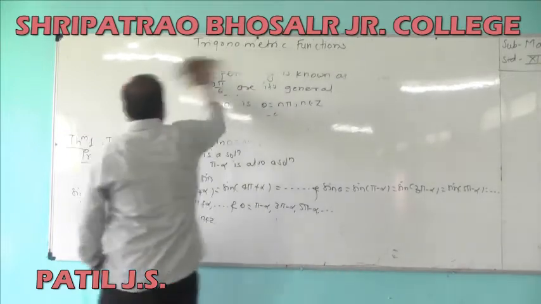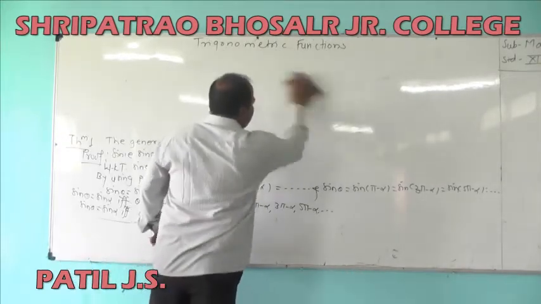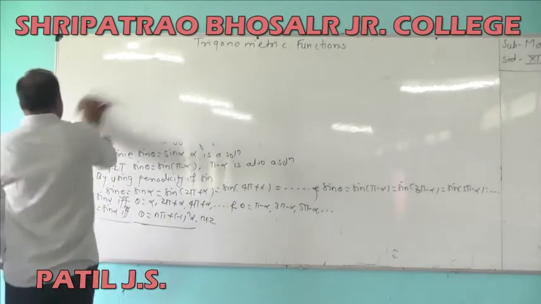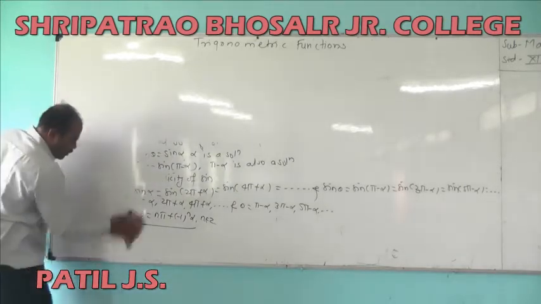Cos theta is equal to cos alpha implies that theta is equal to 2n pi plus or minus alpha.